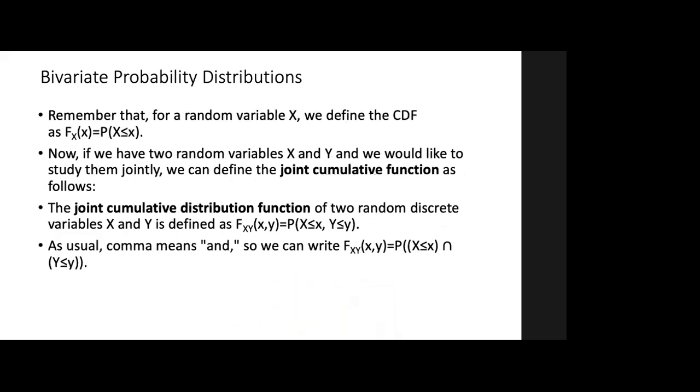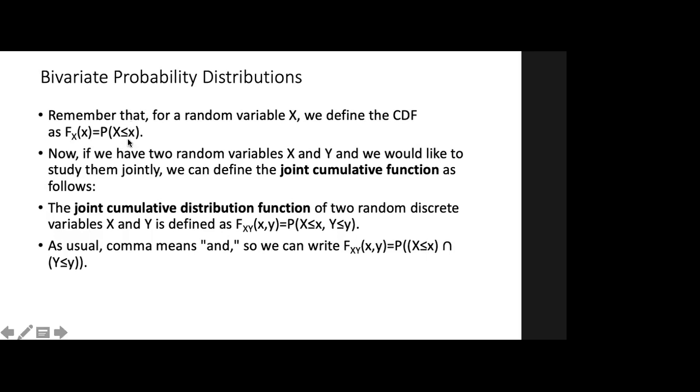Okay, we can say the same thing. Basically, we can apply the same logic to the cumulative distribution function. Remember that for the discrete case, the CDF, the cumulative distribution function, was defined as the probability that we observe a value that is equal or smaller than a particular value.